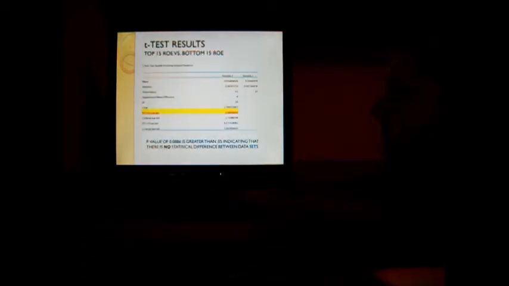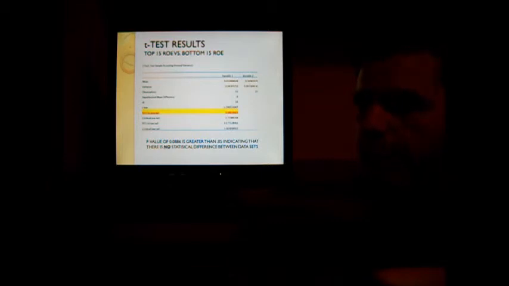Using Excel, I performed a t-test, two-sample assuming unequal variances. What we're looking for is a statistical difference between the companies in the top 15 compared to the bottom 15 when sorted by their ROE.